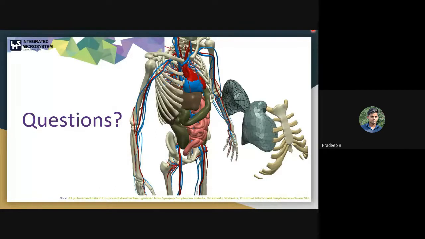Then we will prepare it for 3D printing application, and we will also create a finite element mesh for simulation export, whether we are using ANSYS, Abaqus, COMSOL, VTK, or MATLAB. Whatever software we are using, we will show you how to create a 3D model, and then how to create the finite element mesh, or how we can define contact nodes, material properties, and node sets, and how you can define the material property based on the grayscale intensity, because from age to age the bone density varies. So we will discuss tomorrow in more detail.